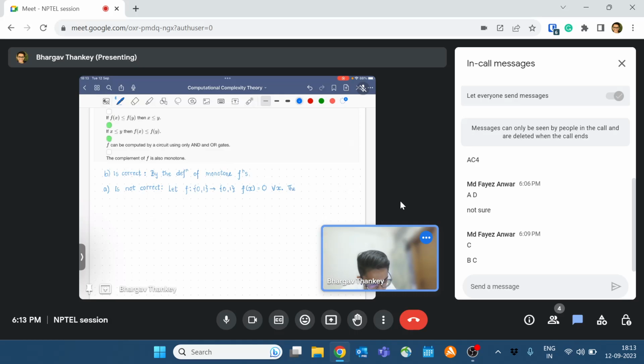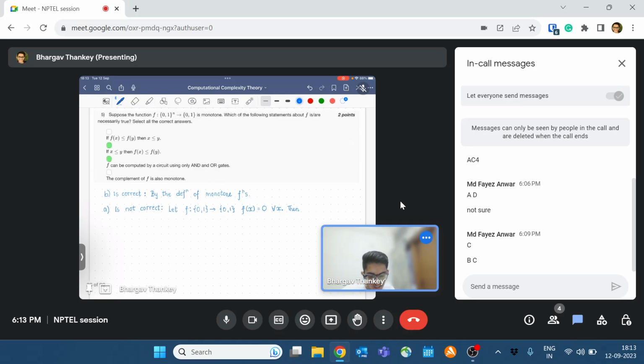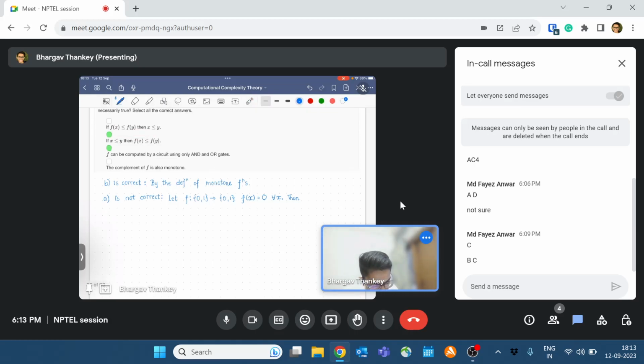Then this function is monotone, and now we need to check if this is true or not, right? So f is monotone.